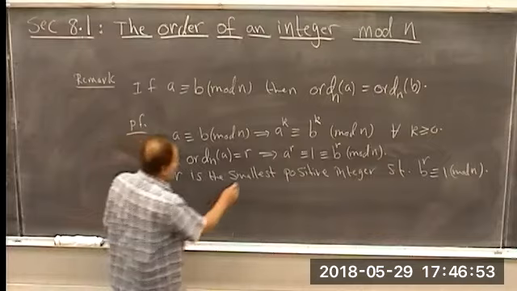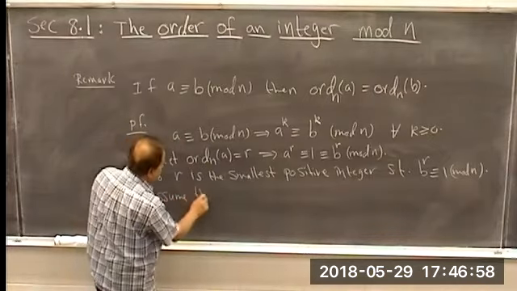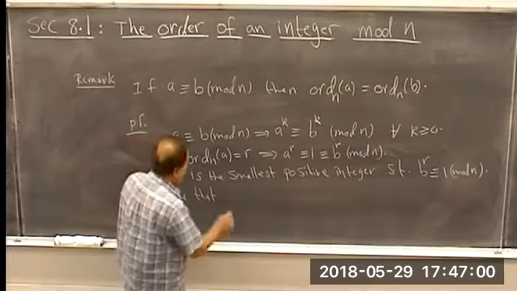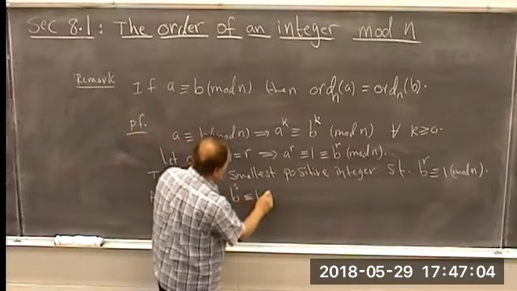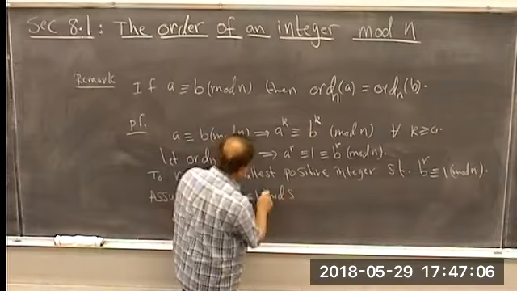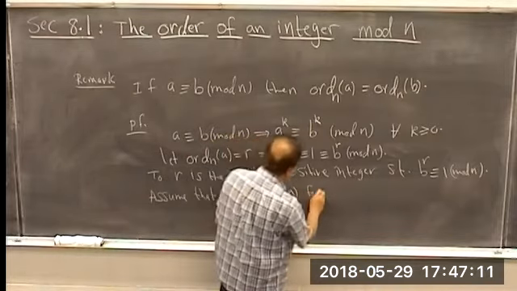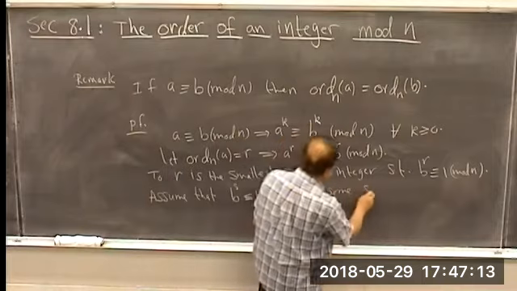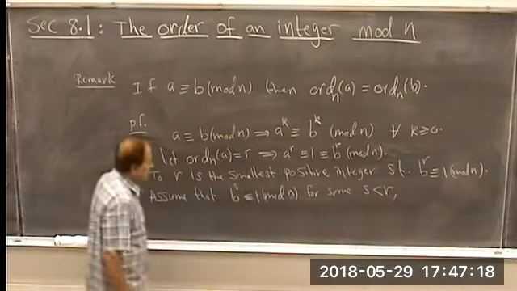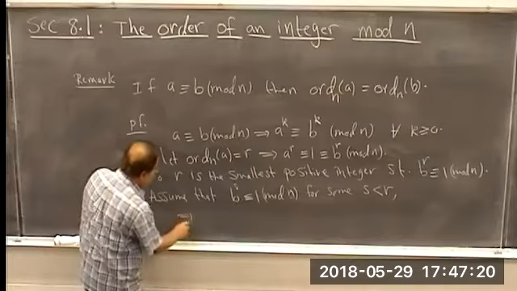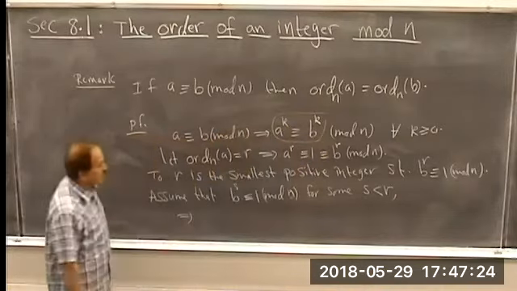So let's assume that A to the s is congruent to 1 mod n for some s less than r. Well, again, because of the same congruence talked about at the top, this holds for any exponent.